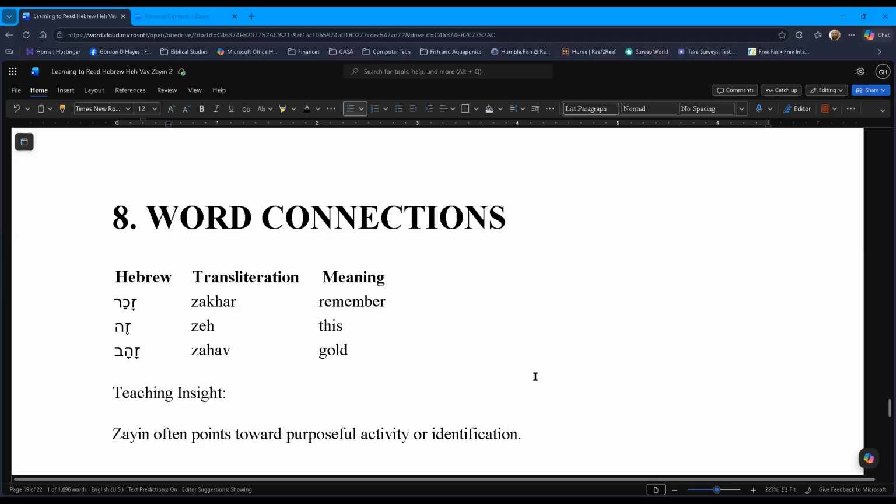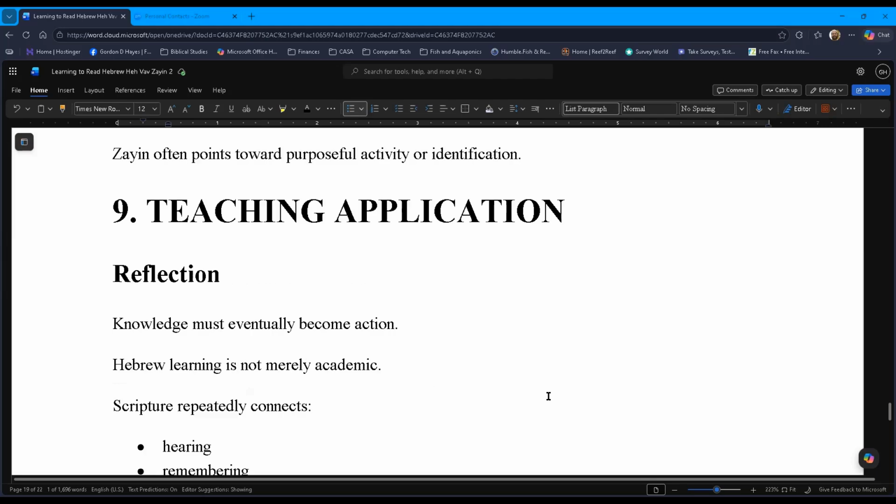The Zayin often points toward purposeful activity or identification. So looking at this, knowledge must eventually become action. I don't care how much I know, if I don't take action as a result of that knowledge, I'll never be successful.